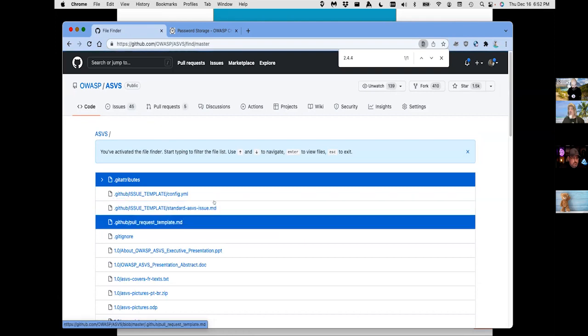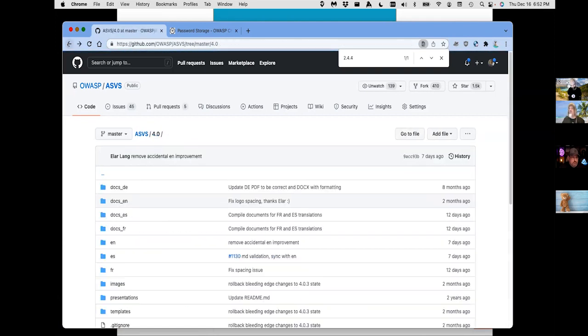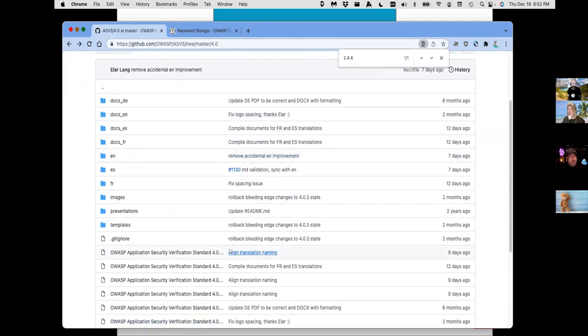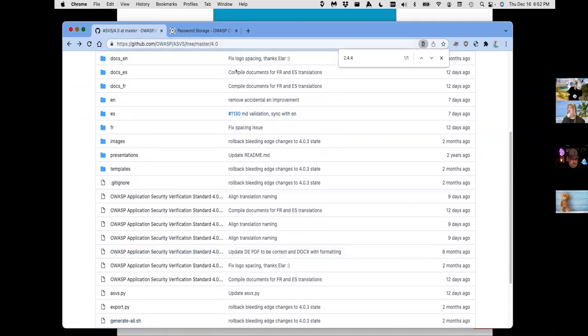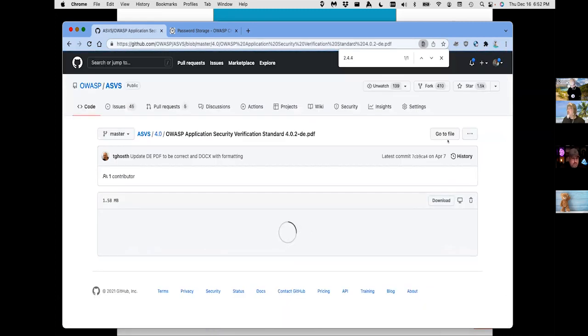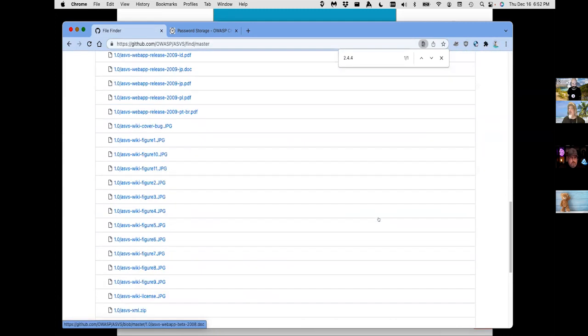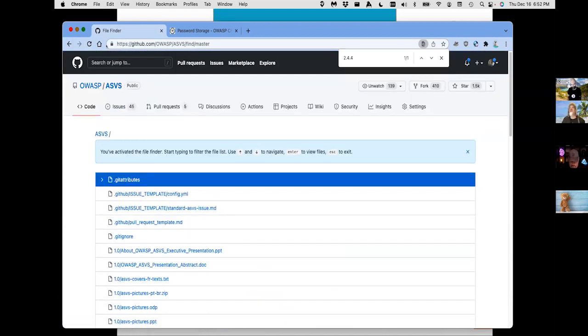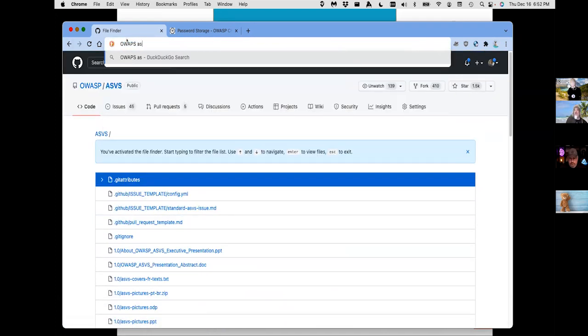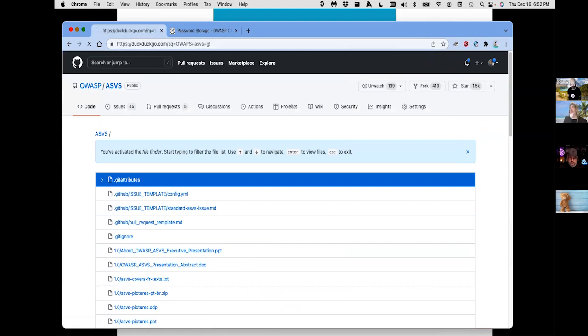What could go wrong? I'm so deep in craziness here. What the heck am I doing here? I'm sorry. So let me try a different path. OWASP ASVS. Yeah, I work on the project. Can't even get to the file.